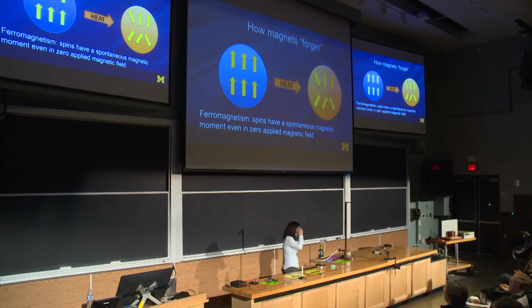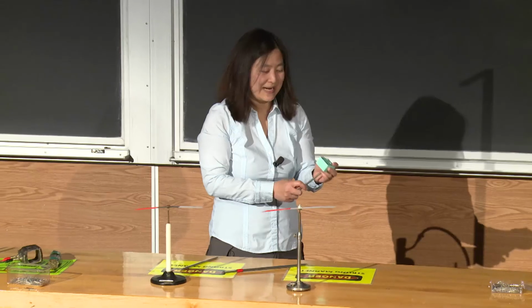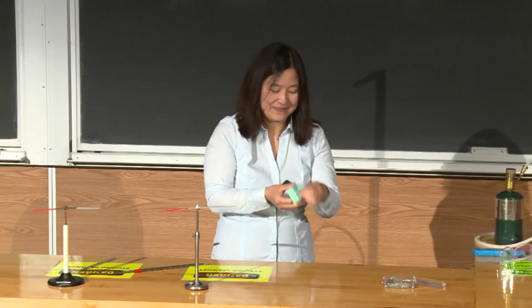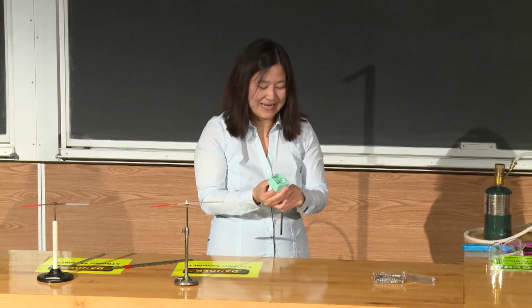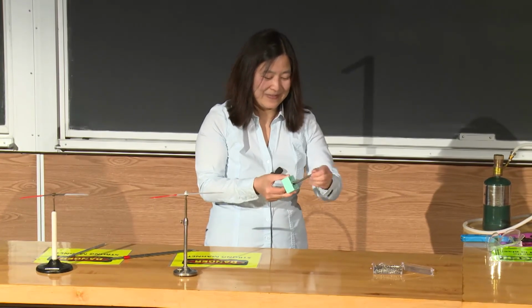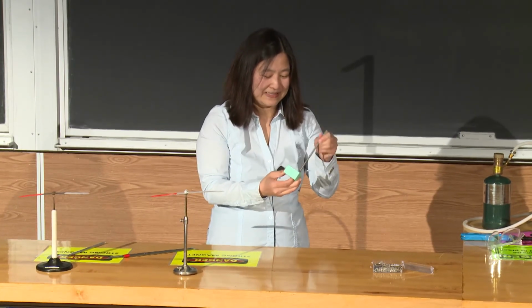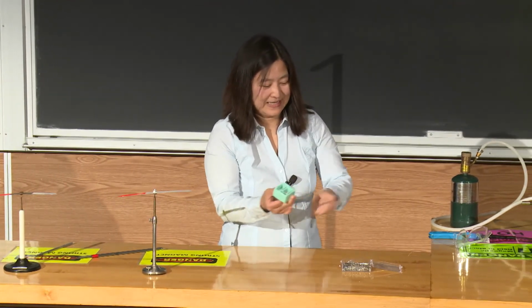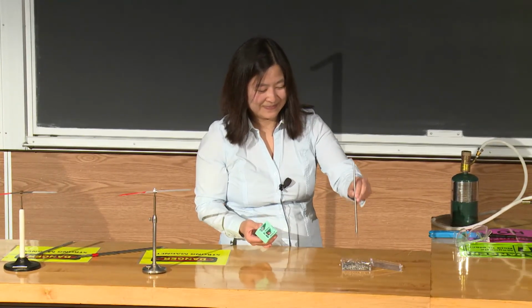Okay. Great, thanks. Having the magnet in a strong magnetic field is one way to magnetize it. So here we have this handheld magnetizing device. And if I put this steel rod through it several times, I should be able to pick up a few paper clips.